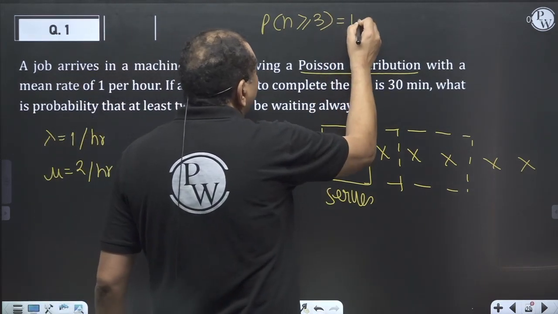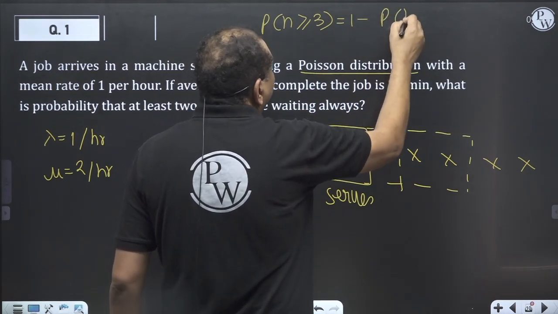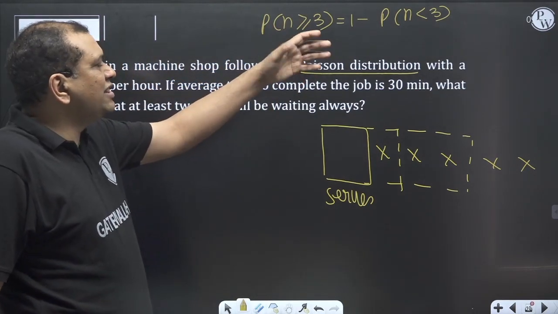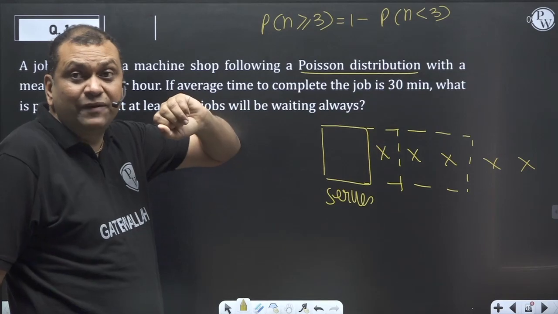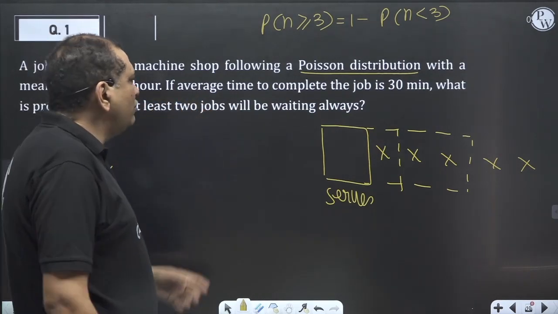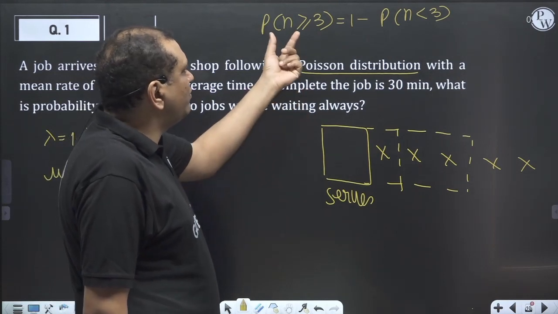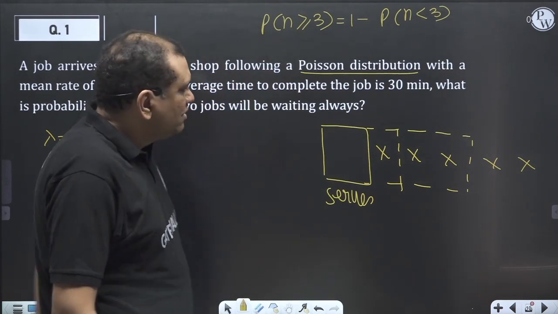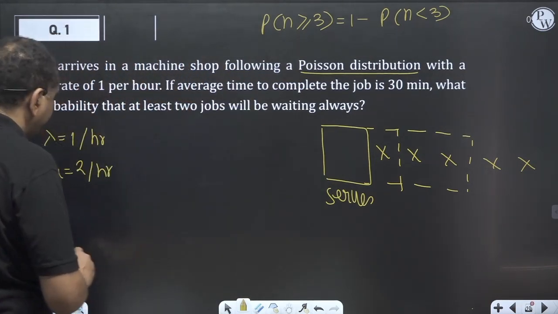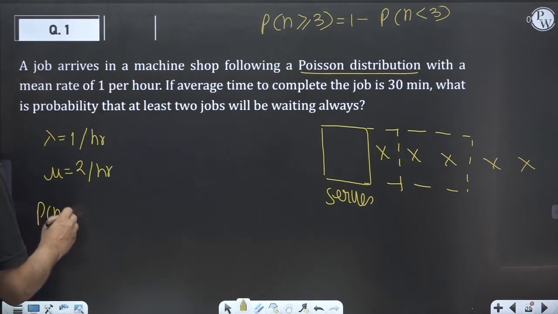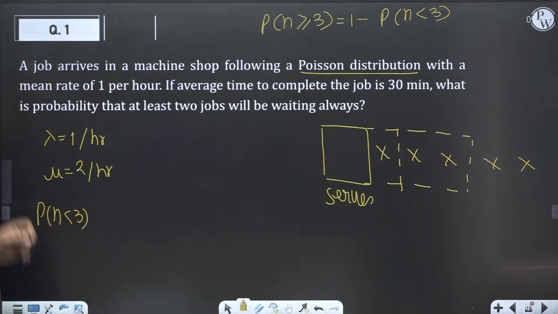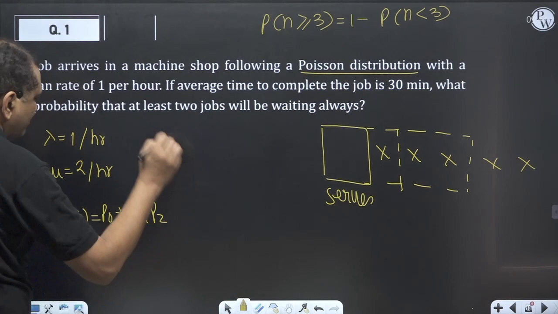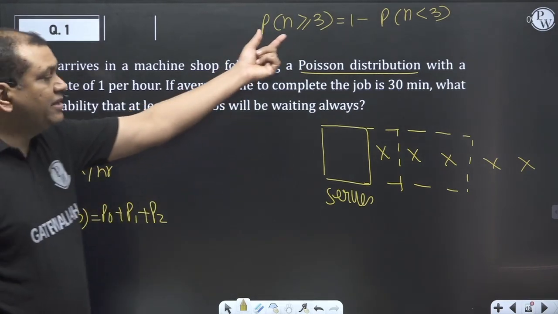Can I say it is 1 minus the probability that number of customers is less than 3? Correct? Because the summation of all the probabilities will be equal to 1. So the probability that number of customers in the system is equal to or greater than 3 is 1 minus the probability that it is less than 3, which is nothing but P0 plus P1 plus P2.